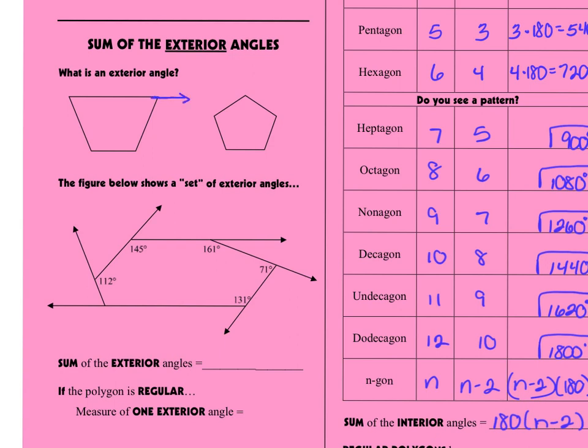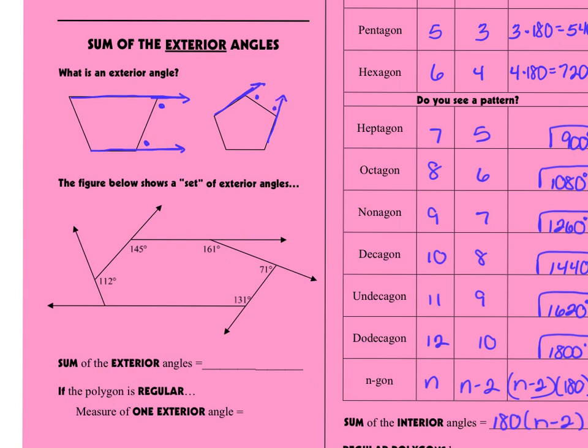So if I extend this side to the right, that's going to form an exterior angle. I could extend this side in the quadrilateral also to the right and create an exterior angle. I could do the same thing on my pentagon here. I could extend and get an exterior angle. I could extend and get an exterior angle.